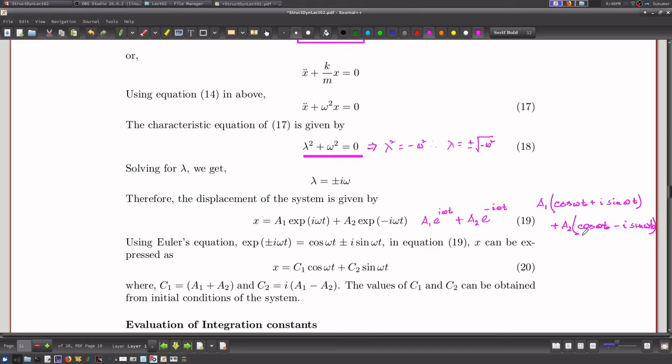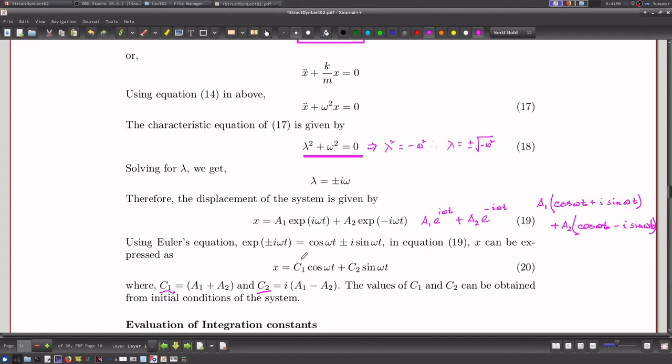And if I simplify, taking cosine terms common, I will get A1 plus A2 times cos omega t and I times A1 minus A2 sin omega t, and those things I can replace by other constants, say C1 and C2. Therefore finally I can write x in terms of cosine and sine functions, C1 cos omega t and C2 sin omega t.